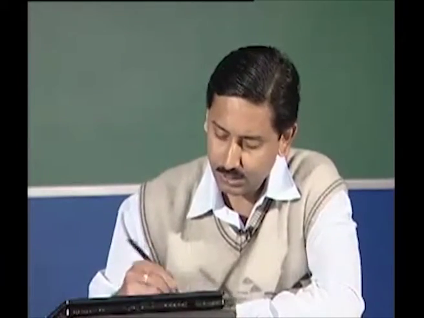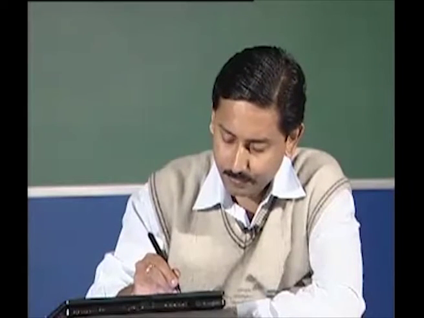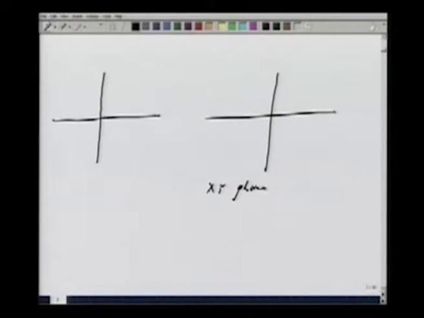So the situation here is something like this. Let us say that this is the uv plane and this is the xy plane. I would write this as xy plane. It means points of coordinates little x and little y. This is the uv plane, with points of coordinates little u and little v.